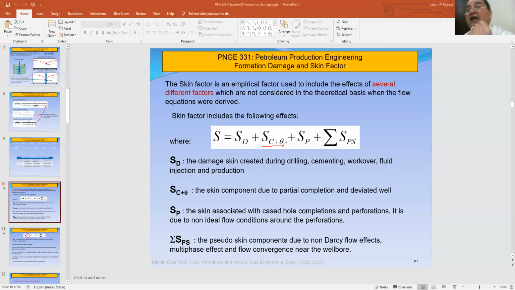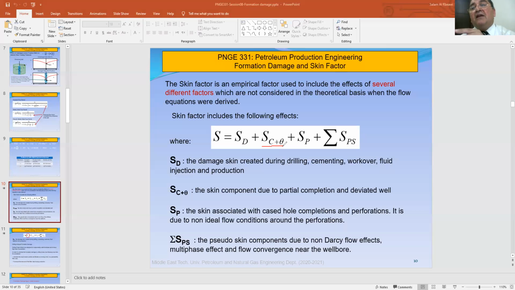Now, for non-Darcy flow, as you know, guys, for most of the oil wells, oil reservoirs, we could assume that Darcy's law is applicable. For most of the gas wells, we could assume that non-Darcy flow is applicable.